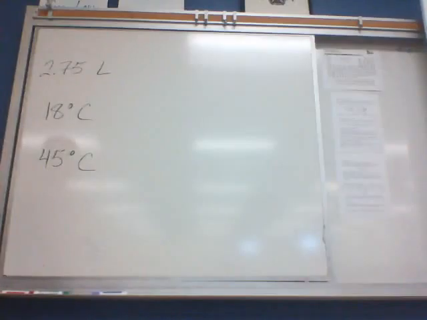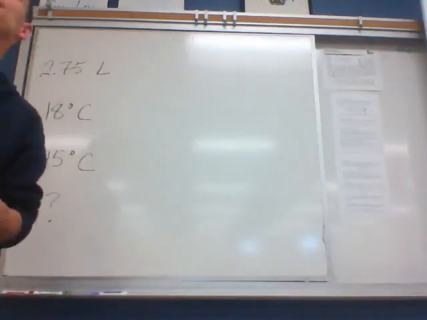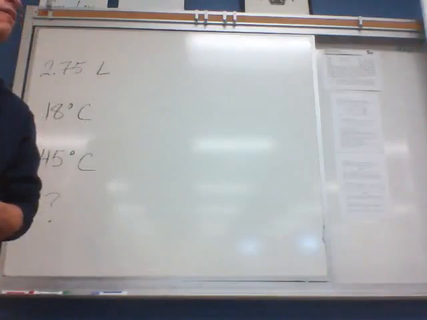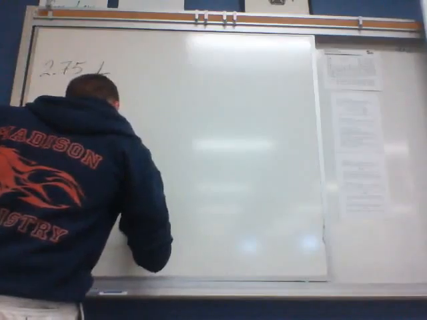So there's all my given values. Now there's going to be a question. What does this want us to find? Volume. It says find volume. List it the way I listed it here.